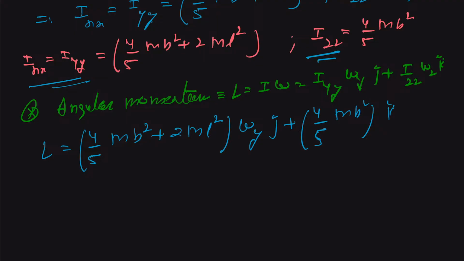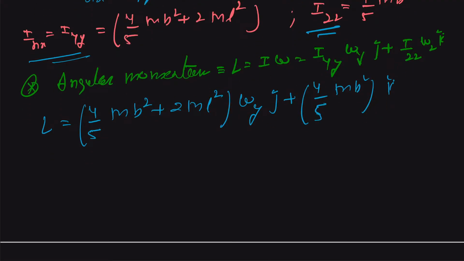Now in a second approach, because this looks somewhat complicated, we can solve this using another method. In this second approach we are going to use the spin angular momentum, in which the sphere rotates about its own axis, and then the orbital angular momentum, which will be about the center of mass.